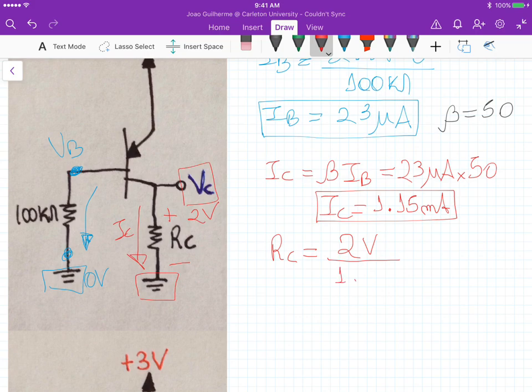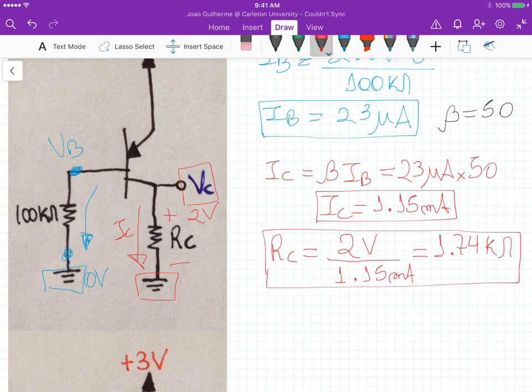So it's 2 divided by 1.15 milliamps, and this gives us 1.74 kilo ohms. So if we use this value of 1.7K in this resistor RC, we get those 2 volts that we want for this particular BJT with a beta gain of 50.